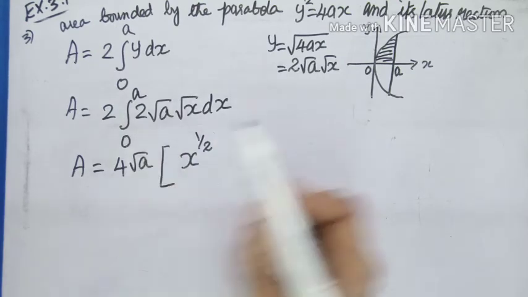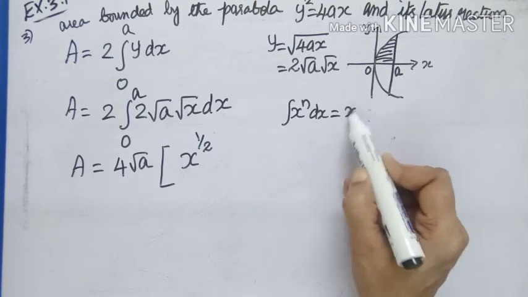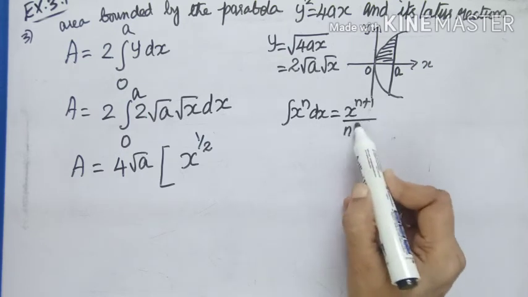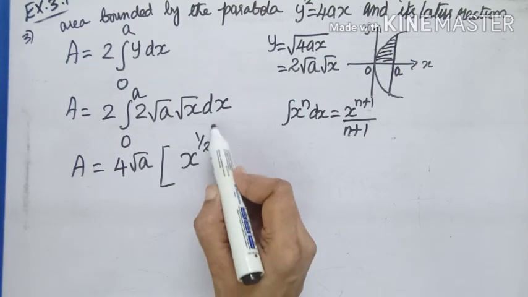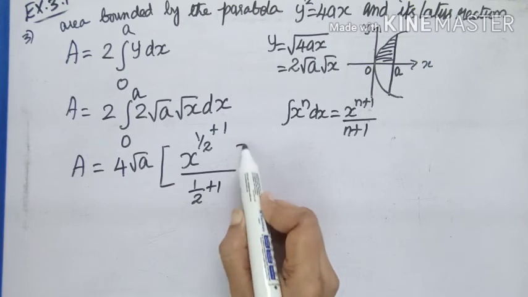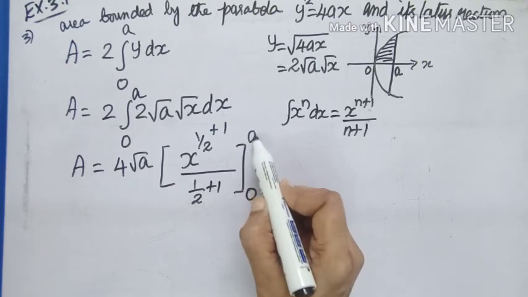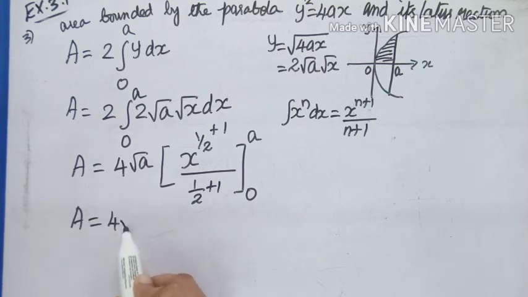And integration, what formula did we learn? X power n dx is x power n plus 1 by n plus 1. So x power half will become x power half plus 1 by half plus 1 between the limits 0 to a. Simplify this. It equals 4 root a.